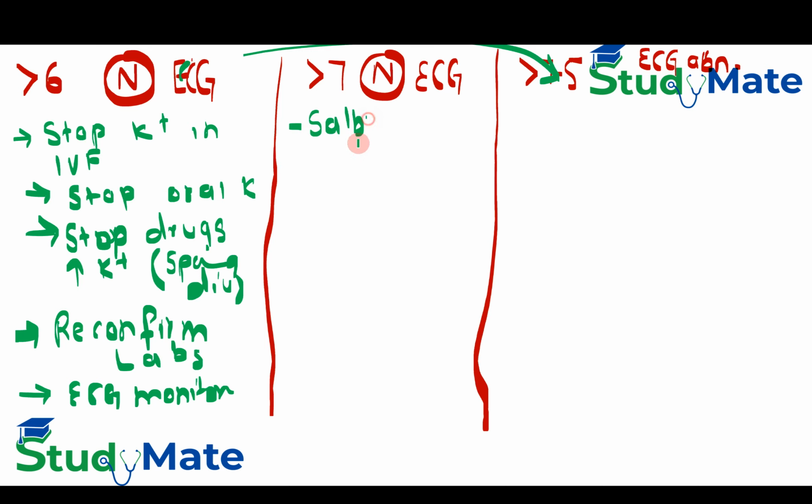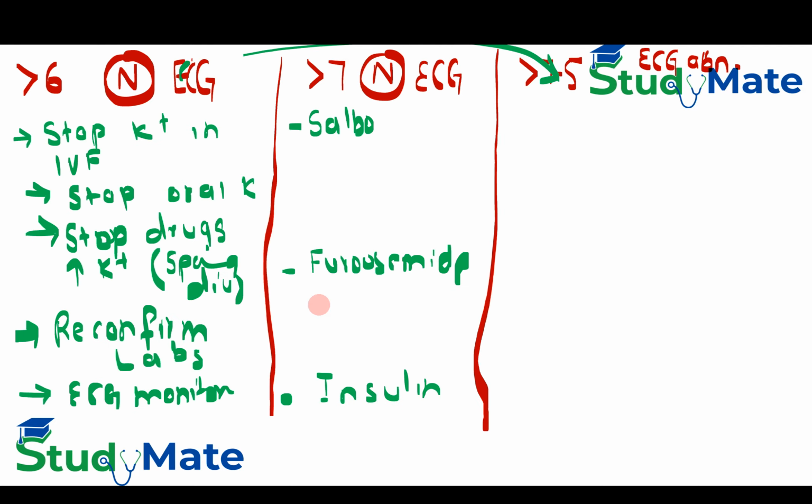Salbutamol, furosemide or the loop diuretics, and insulin. Once I am done with this management, I will tell the mechanism of action of each of these.